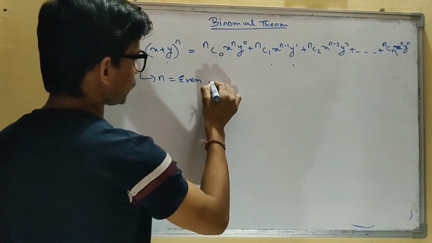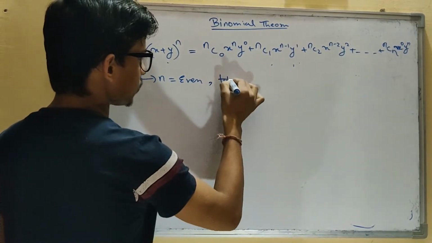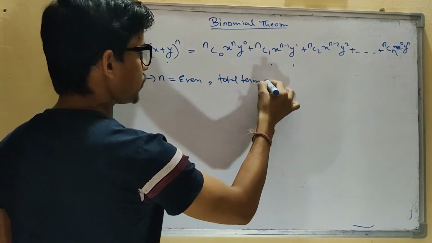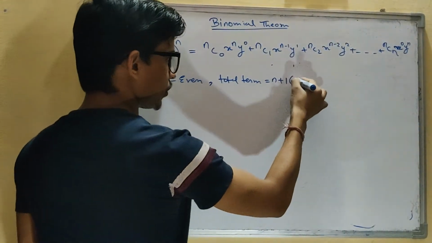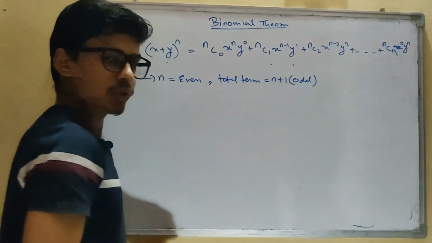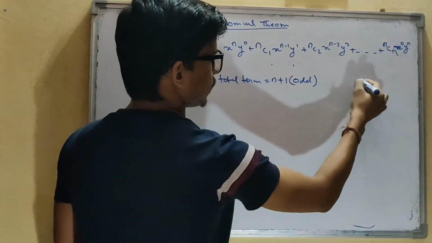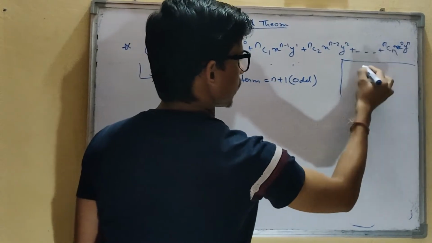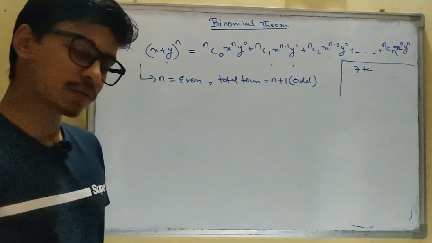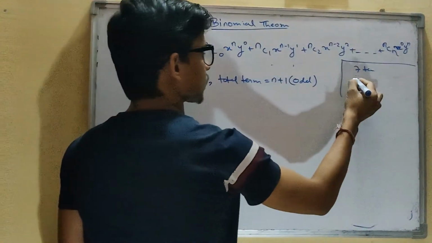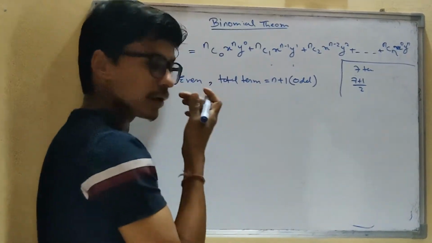So n is even. So the total number of terms is going to be n + 1, and it is going to be odd, right? n + 1 is going to be odd. So you know that if there are 7 terms, then which term will be the middle term? (7 + 1) divided by 2. That term is the middle term.